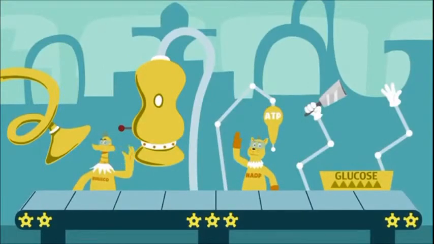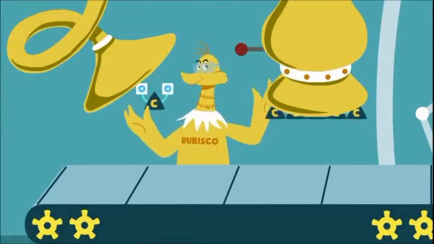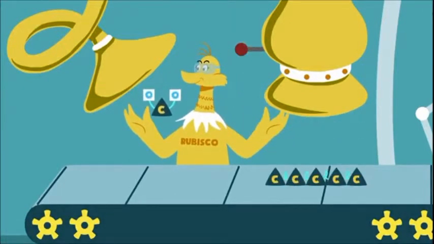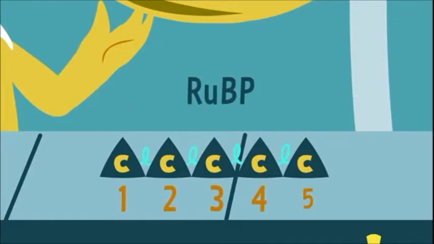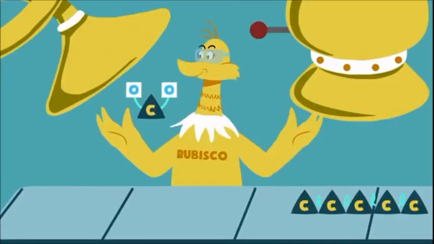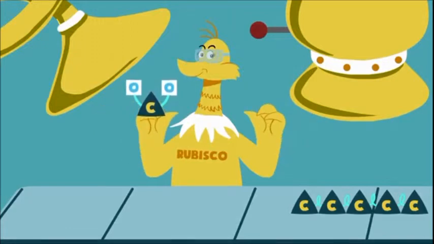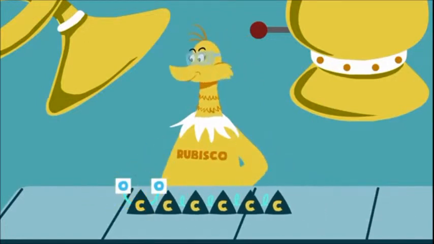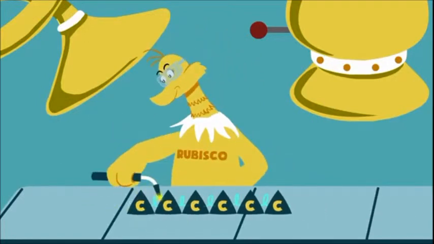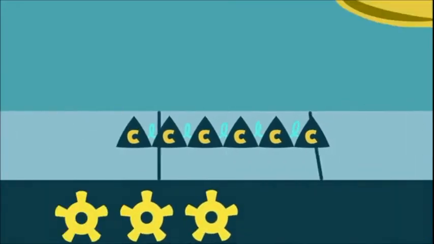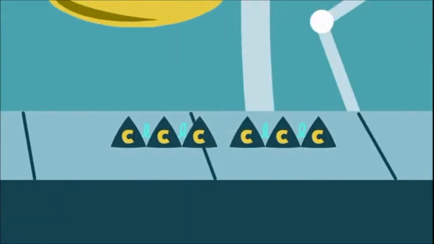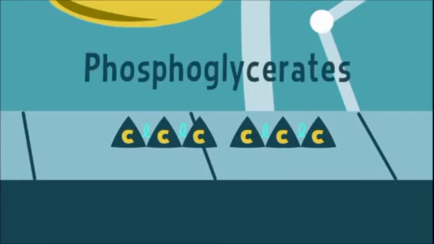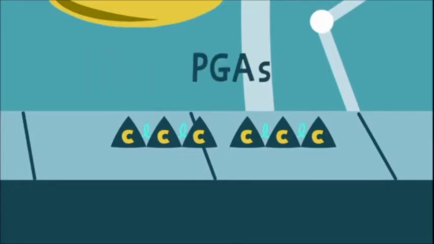The starting materials? A mix of CO2 molecules from the air and pre-assembled molecules called ribulose bisphosphate, or RuBP, each containing 5 carbons. The initiator? An industrious enzyme named Rubisco that welds 1 carbon atom from a CO2 molecule with the RuBP chain to build an initial 6-carbon sequence. That rapidly splits into 2 shorter chains containing 3 carbons each, called phosphoglycerates, or PGAs for short.